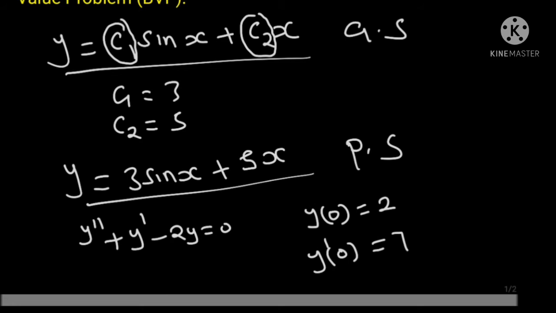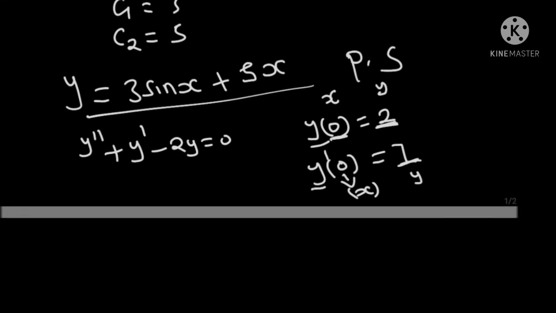We need to understand that this value always represents x and this one represents y. Similarly, 7 represents y prime and 0 represents x. Now, since we have y and y prime, this constitutes an initial value problem.